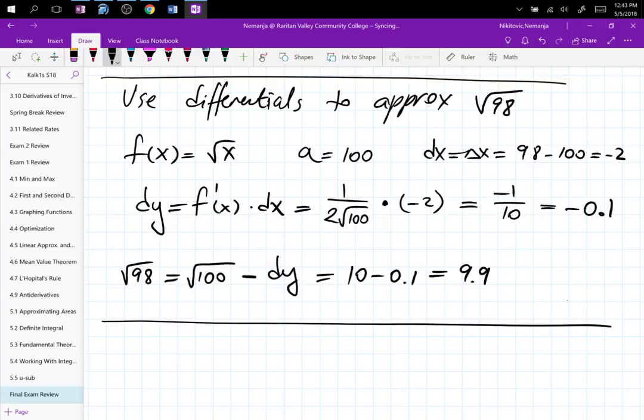Oh, I should put approximate over here. Put the approximate right there.